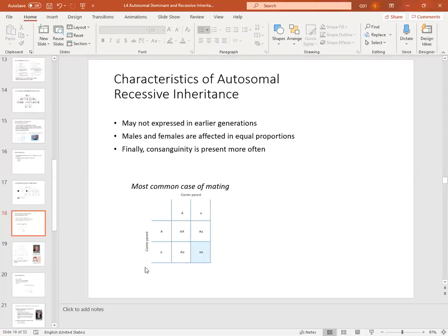So in the recessive inheritance, the most common case is a carrier mating with a carrier. And you may also have the question about a carrier, big A and small a, mating with small a and small a. But in that case, small a and small a may express a very serious phenotype outcome, so they may not join the married case.